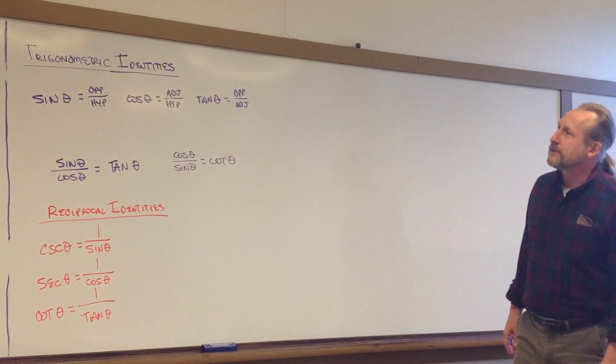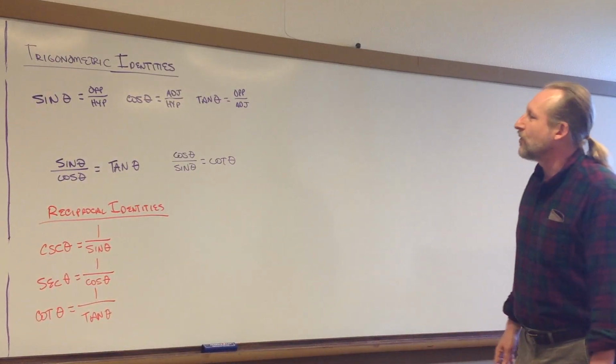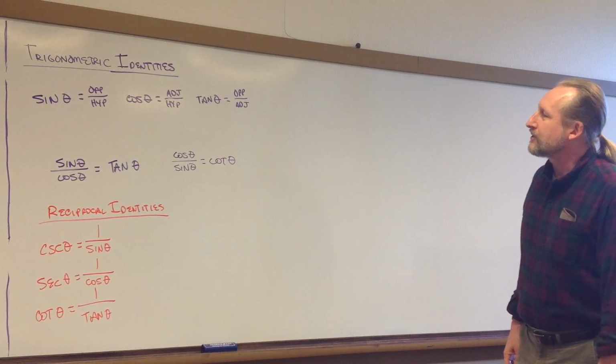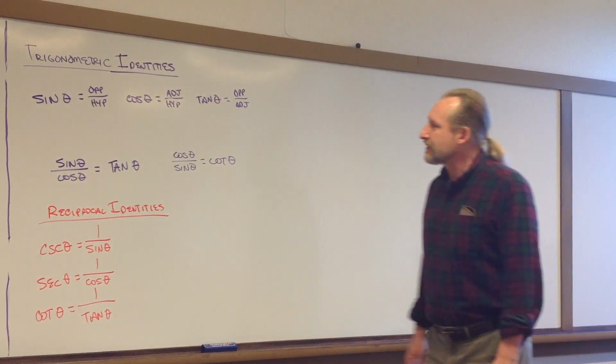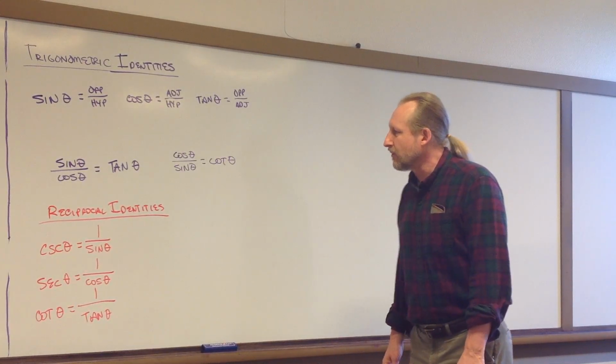If there's another explanation, I'd be interested to find out what it is, why we need 6 trig functions instead of just 3. But we have the 6, and so that's what we're going to focus on.